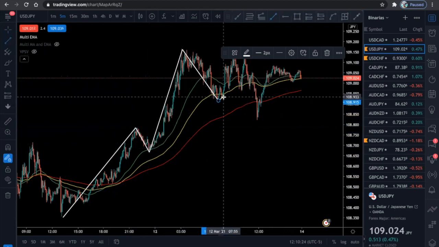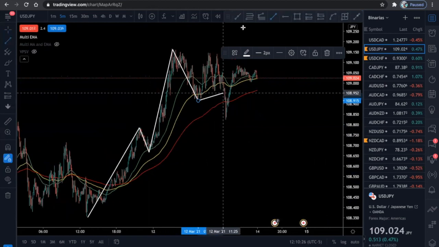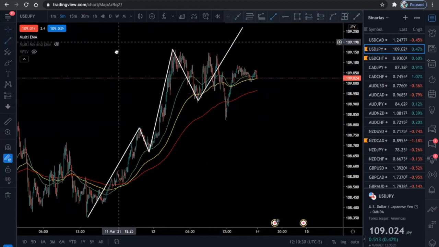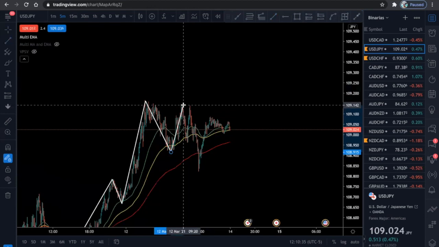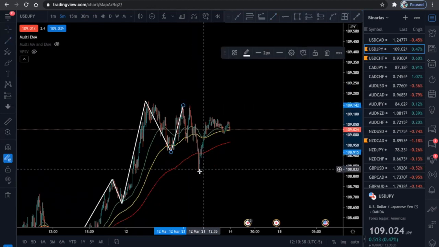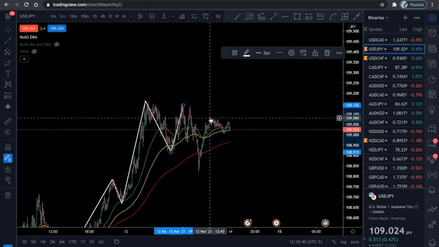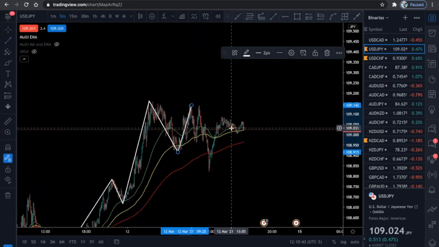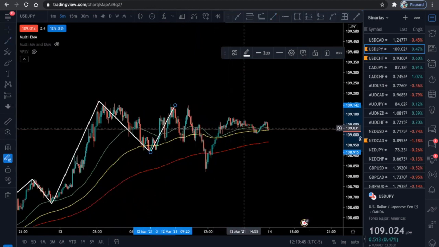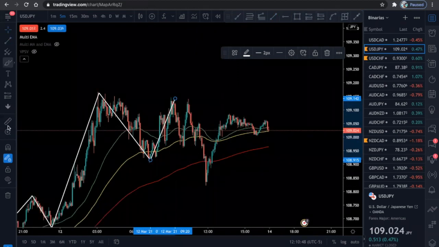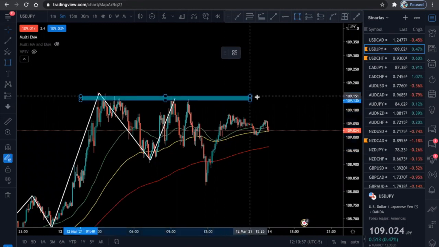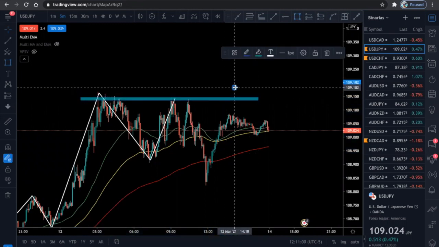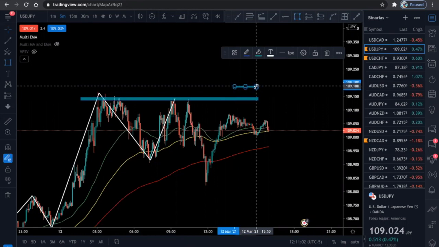Now I'm expecting to see price going higher, right? What happened? Did price go higher? No, it got stuck there. And then it went lower, lower than the previous high, and then the market closed. This means that in this area we have a resistance, right?